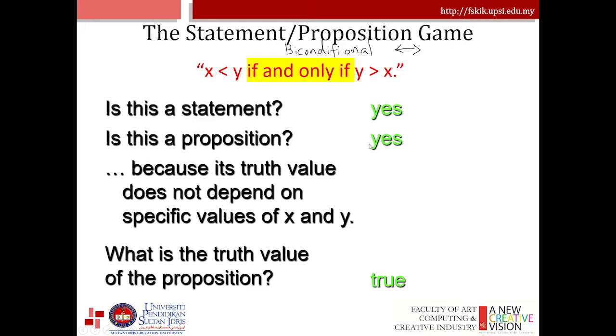What is the truth value of these propositions? Here we have the AND operator. We have x less than y if and only if y is greater than x. It is true. This one is very important. We have the biconditional operators.